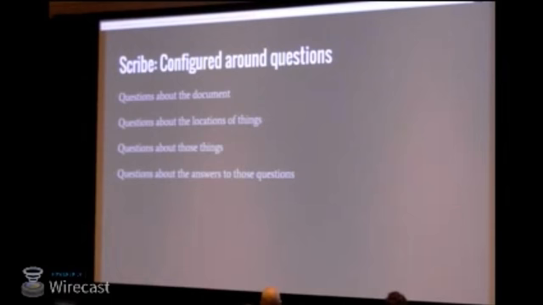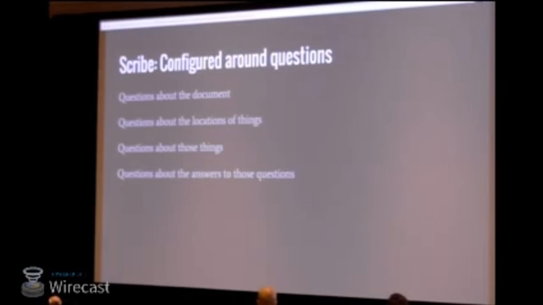Scribe, the primary thing about Scribe is it's configured around questions. These questions can take a number of forms. The four primary kinds of questions are these. Meta questions about the entire document you're looking at, such as, does this appear to be a document of type, whatever. Questions about the locations of things inside that document, like prompts like draw a box around the document title, or click on each penguin that you see.